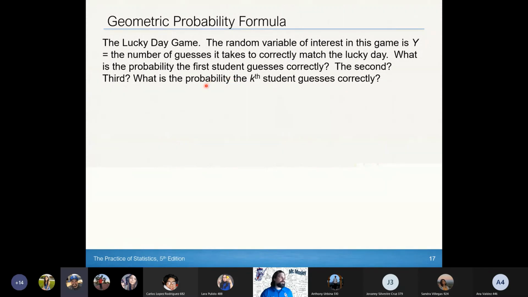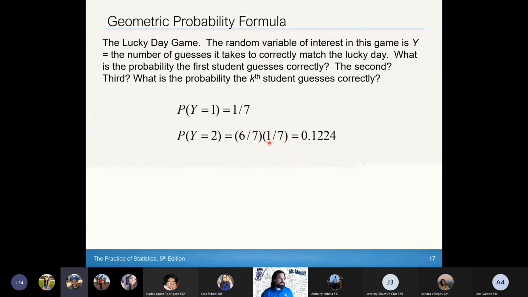And so we have these probabilities we're interested in. The probability that it's the first guess: we have a 1 in 7 chance. Pretty straightforward. Probability that the second student guesses correctly? The first one guesses wrong, the second one is correct.